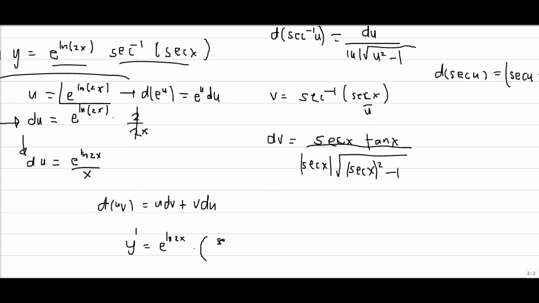So we have secant x tan x over the absolute value of secant x, then the square root of secant squared x minus 1.